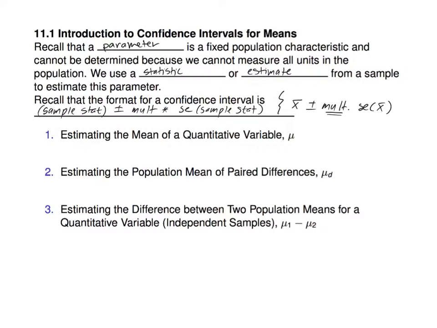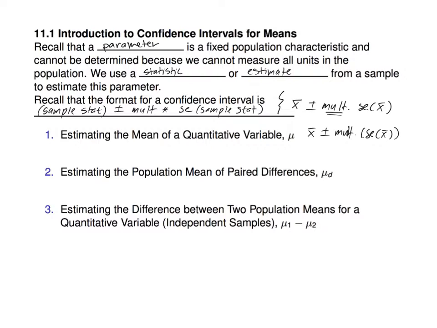Okay, so for estimating the mean of a quantitative variable, the general format of a confidence interval is x bar plus or minus your multiplier times the standard error of x bar.